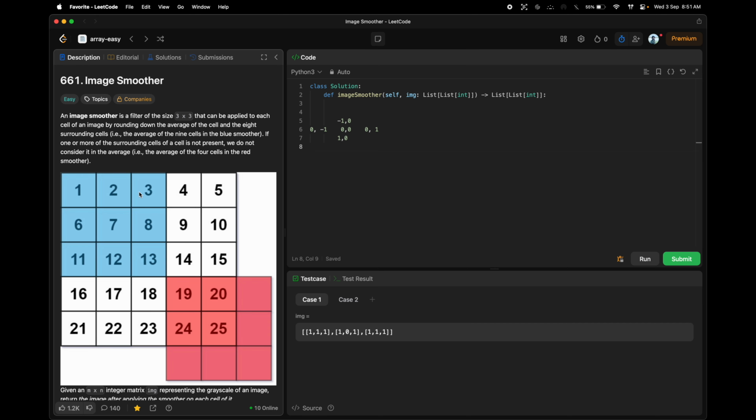For example, this particular cell, which is one, how many values are around it? Four values are around it, and so the value of this cell would be the average of all of these four values. For example, let's look at this one. How many values are around it? It has around nine things, and I need to find the average of all of these to compute this.